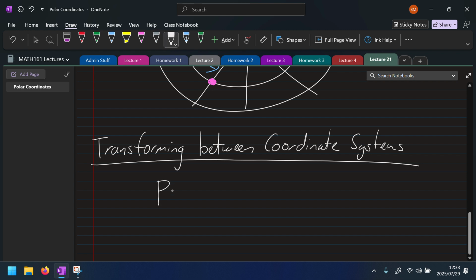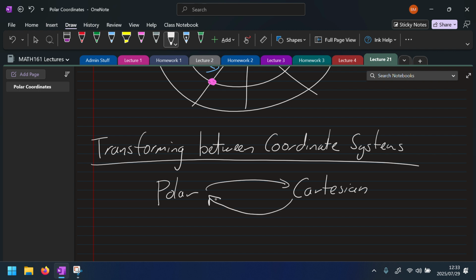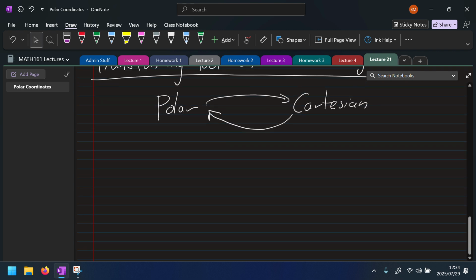So we want to go from polar to Cartesian by some method, or we want to go from Cartesian to polar. We want to go back and forth between them. How do we go about doing that? Let's start off with Cartesian, since we're more familiar with that.